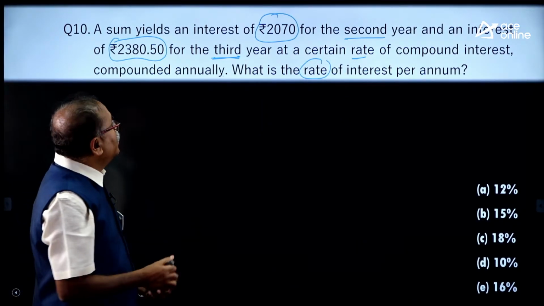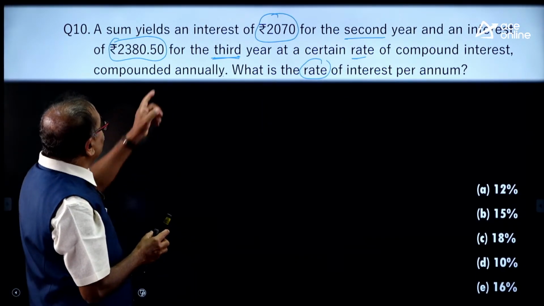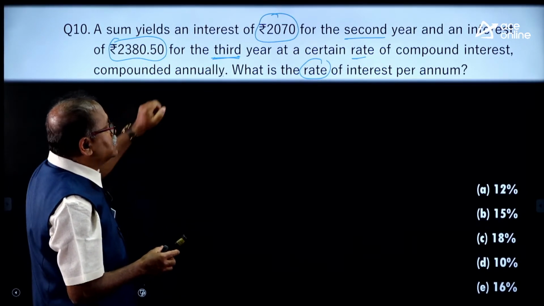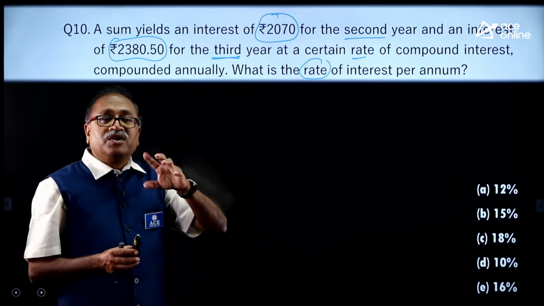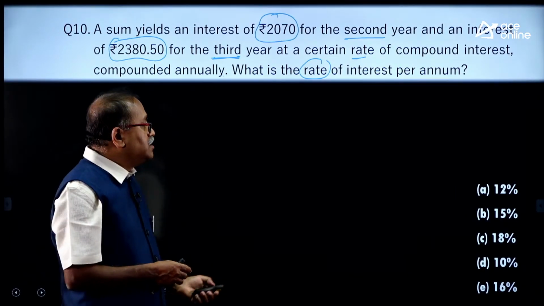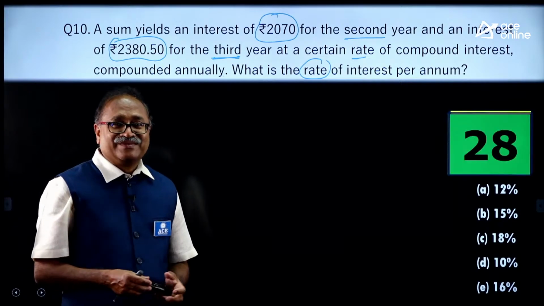Find it out. So, how do we find it out? I know the second year interest, I know the third year interest. With the help of this, can I find out the rate of interest? Yes. Try this, your time starts now.